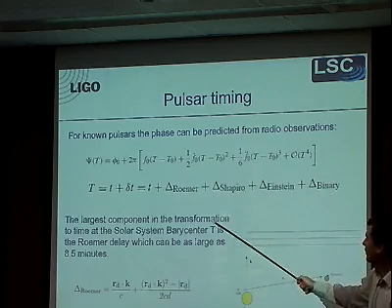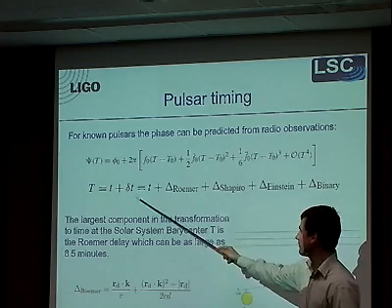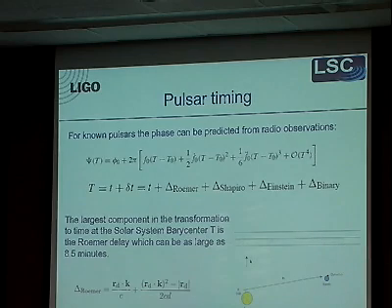So we have to correct the timing of the data we get at the detector by a phase shift, a time delay to put it in the Solar System Barycenter, and this consists of the Roemer delay, relativistic delays, and in the case of a binary pulsar, we also have to take into account the time delays that are due to the orbit of the pulsar.